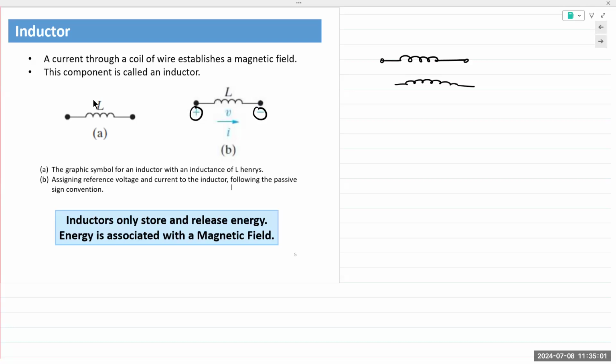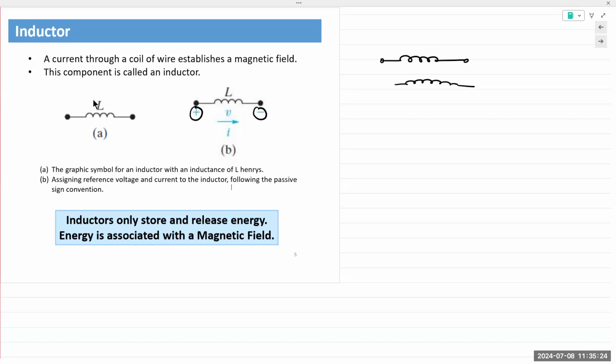Again, current flows through an inductor and establishes a magnetic field. When you try to change the value of this current, for every 1 amp per second change in current, if it establishes 1 volt across those terminals, we say that the inductor has 1 Henry of inductance.